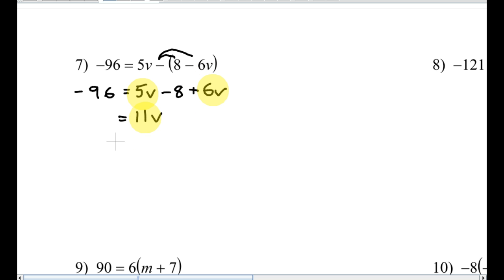Get that. Bring down the -8. Bring down the -96. Solve. +8. +8. 0. Again, keeping those equal signs lined up.